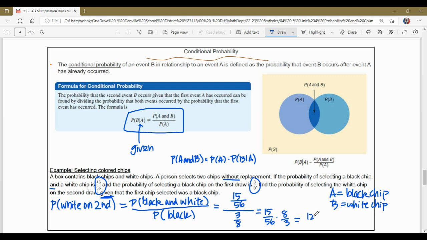When you do this, you get 120 over 168. So decimal, that's 0.714. So basically it's a 71% chance that you're going to pick a white chip if your first chip was black.